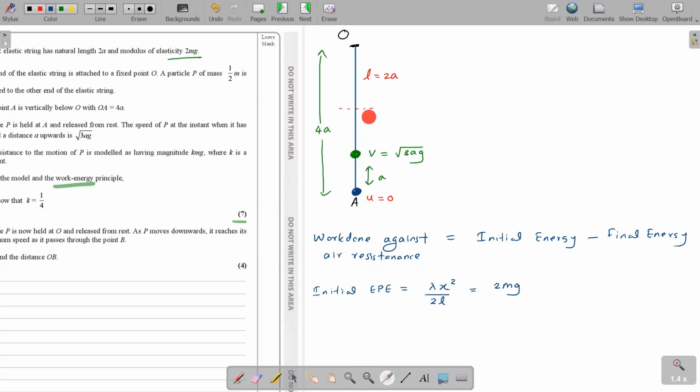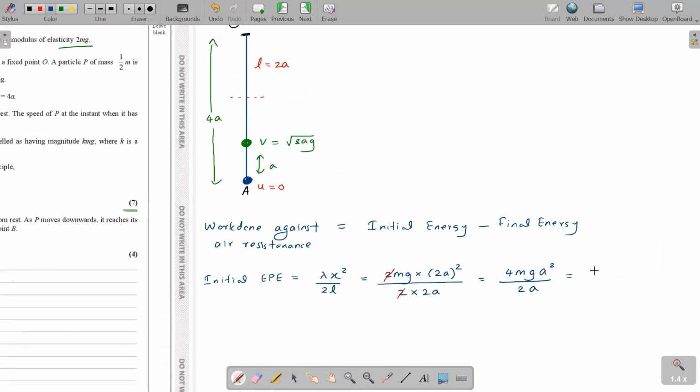So lambda times 2a squared, divided by 2 times natural length 2a. Simplifying, I get 4mga squared divided by 2a, and the 4 and 2 cancel, giving 2mga.